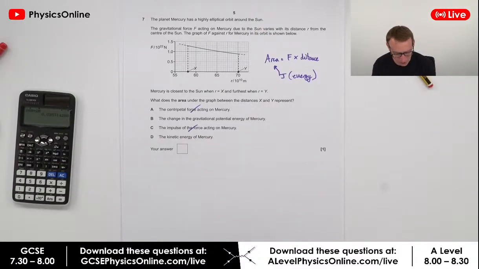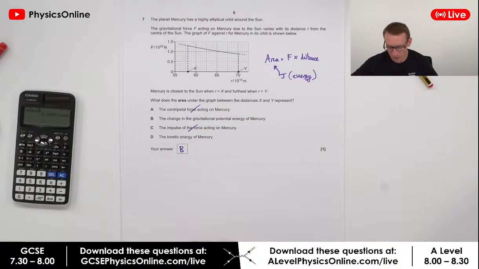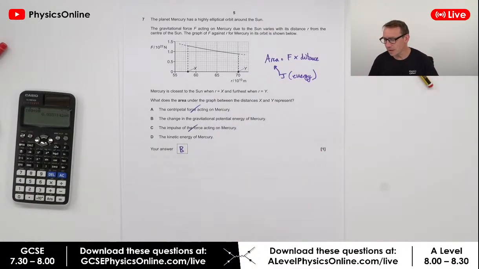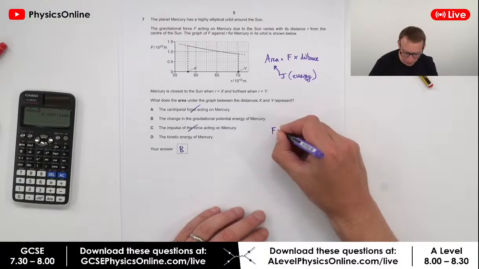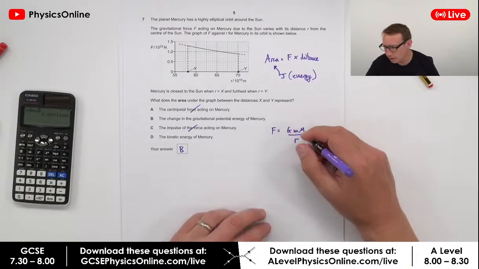Okay, so people think it's B or D. The answer is actually B. So this is about the change in gravitational potential energy of Mercury as it moves from one position to the other. Of course, we do know that F equals GMm over r squared.